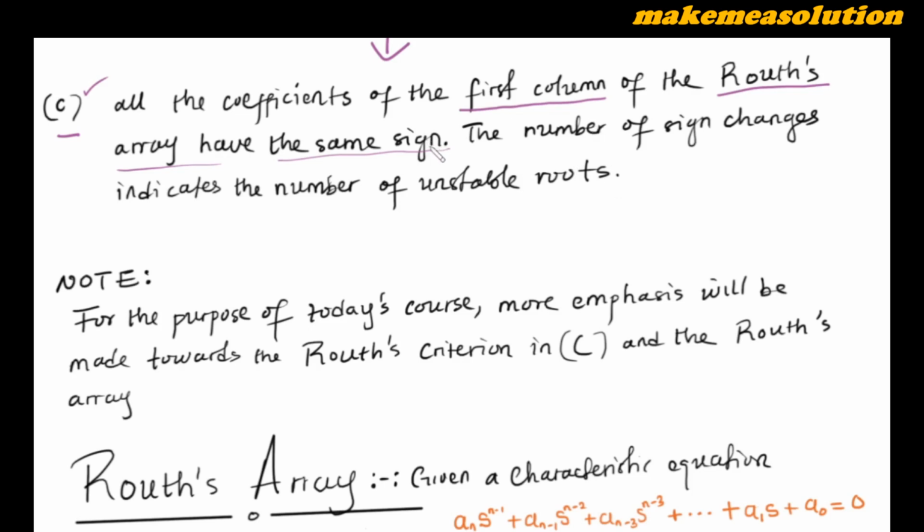So for there to be no instabilities in our system, all the coefficients in the first column of the Routh array, which we will see shortly, must have the same sign. But if you solve for your Routh array and discover that the first column has different signs, then the number of sign changes will tell you the number of unstable roots.